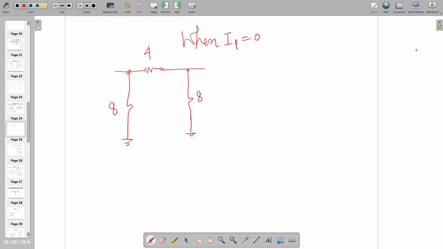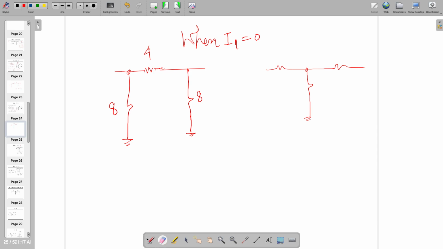And by the way, if you look at this T and pi, do you know another name of T and pi? Have you studied this earlier before this course? Hmm? These are also known as delta network and Y. Okay, star. So some people call it Y also, because it looks like Y. So in power electronics, people call it delta and star.